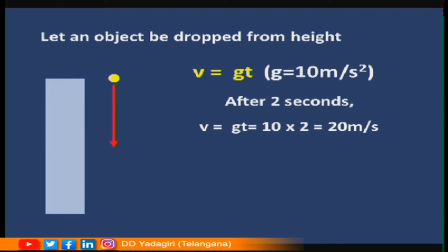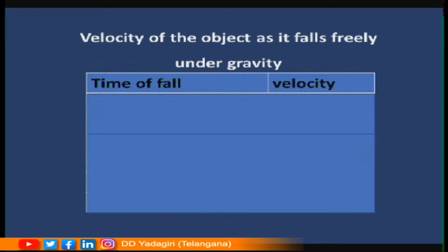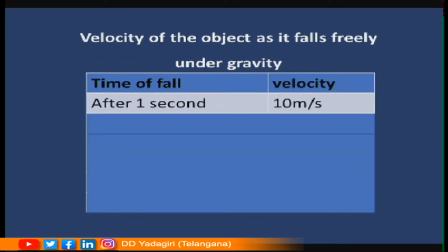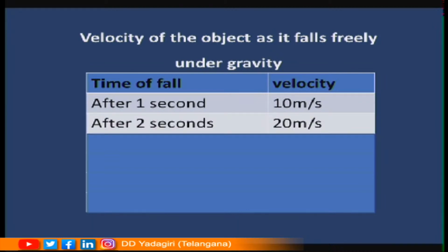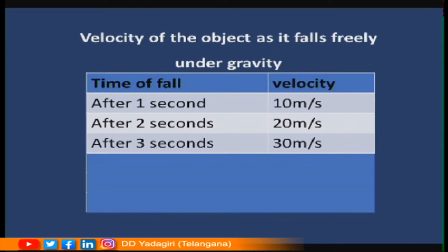After 2 seconds the velocity will be equal to gt, which is 10 into 2, that is 20 meters per second. After 3 seconds the velocity will be v equal to gt, which is 10 into 3, that is 30 meters per second. So, if we calculate, we get after 1 second the velocity will be 10 meters per second, after 2 seconds 20 meters per second, and after 3 seconds 30 meters per second.